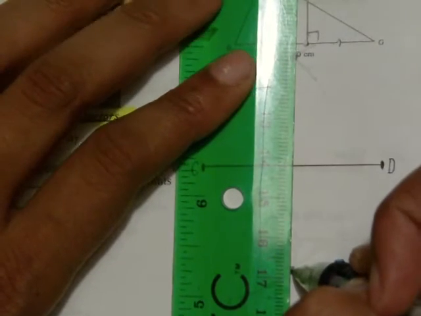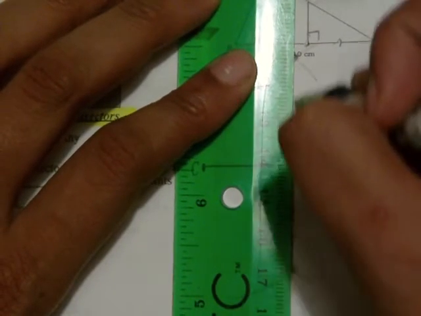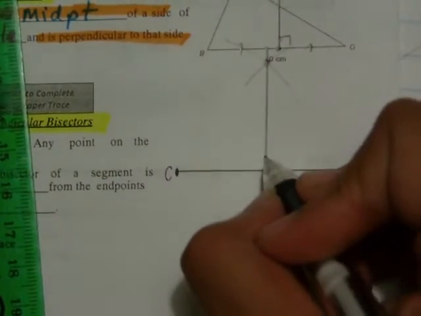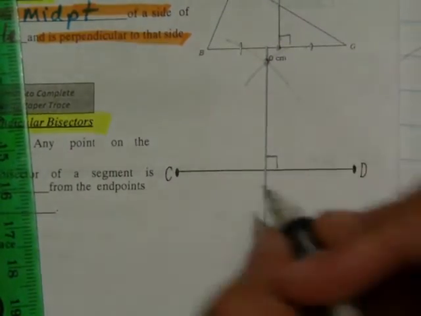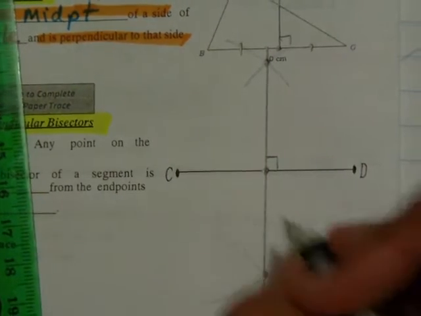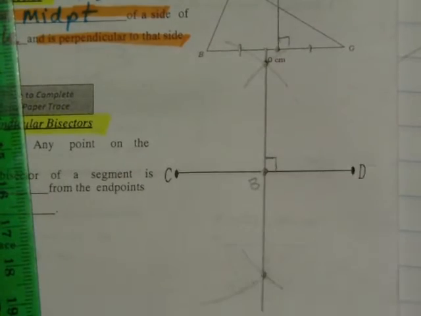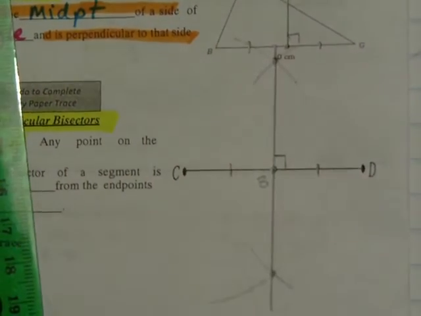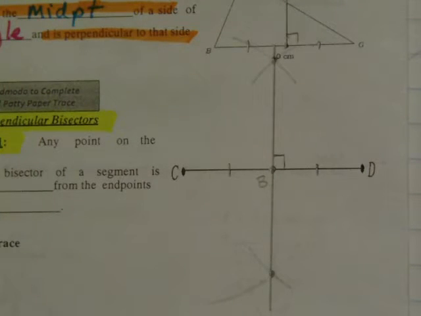Let me line this up. I'm going to put a box to show that it's perpendicular. I'm also going to put a point of intersection on my segment CD and label that point B. Then I'm going to put tick marks between CB and BD, so I can see it's a perpendicular bisector.